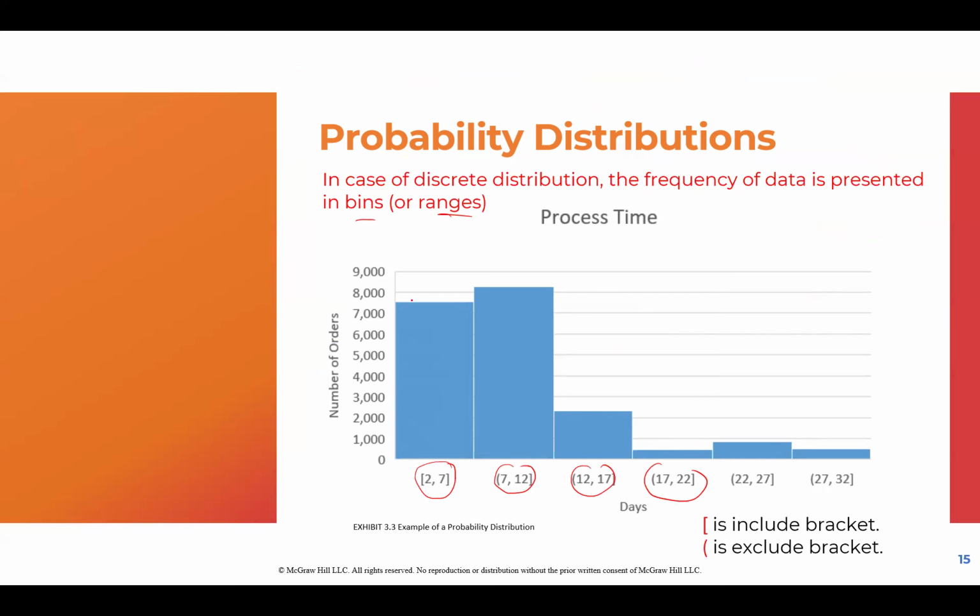Then you collect the frequencies for all the values inside each bin. For example, 2 to 7, and the 7 is here. All the values are here, and their frequencies are whatever, say 7,500 of them, in that range of values.